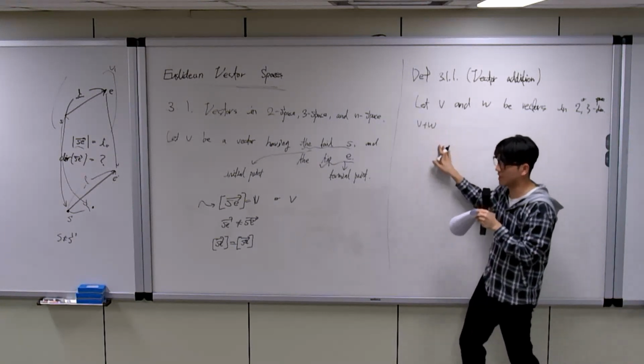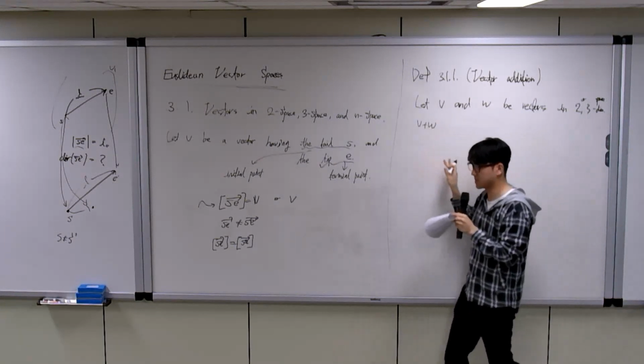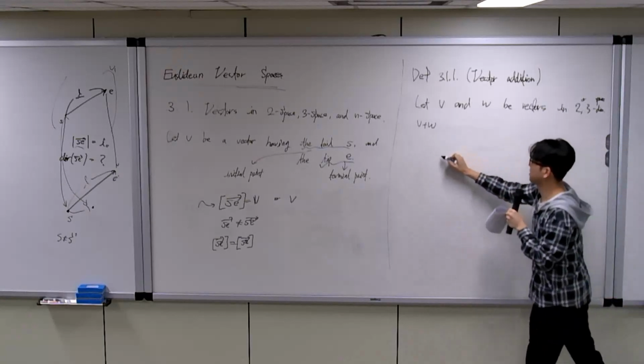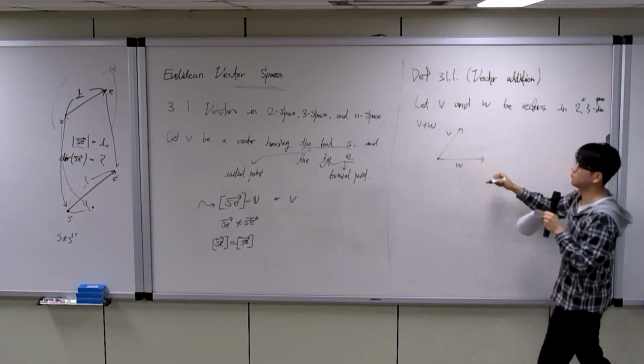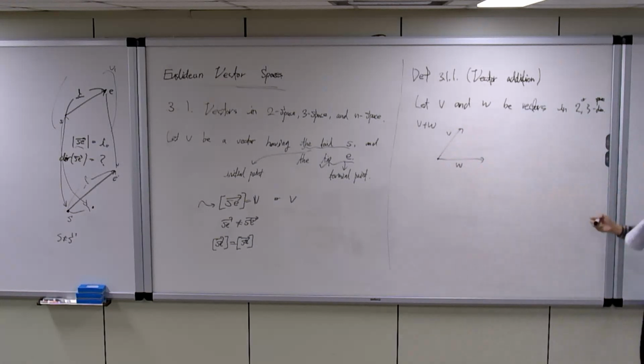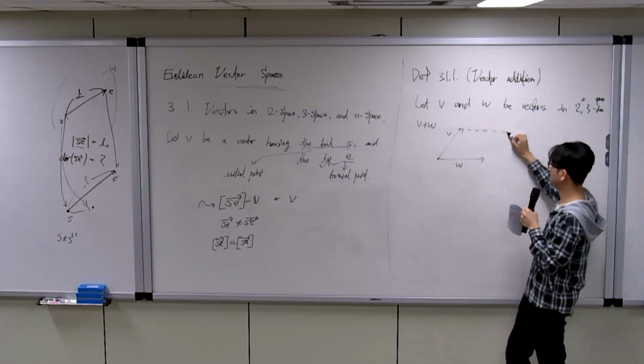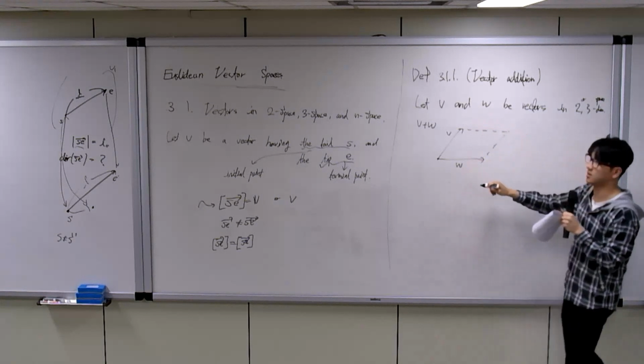If we write v plus w, that means we have two vectors, and usually we use the parallelogram rule.